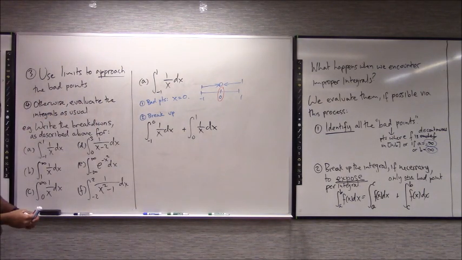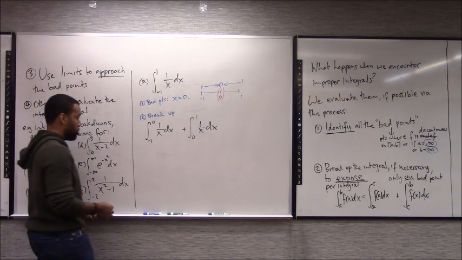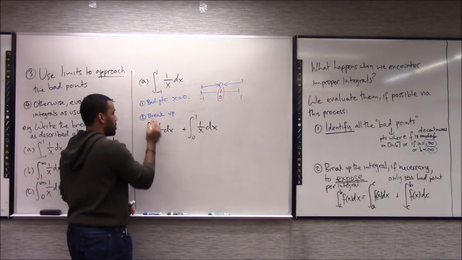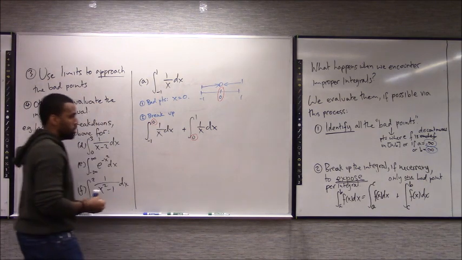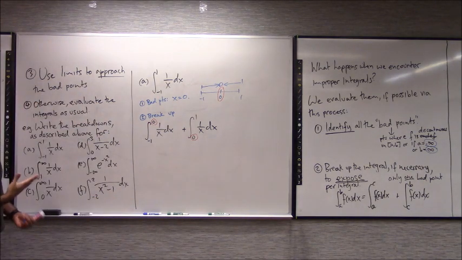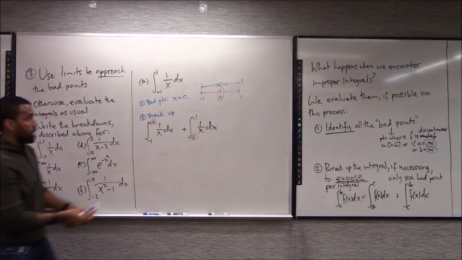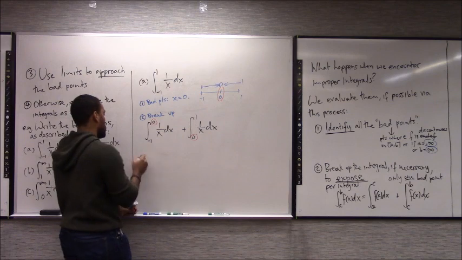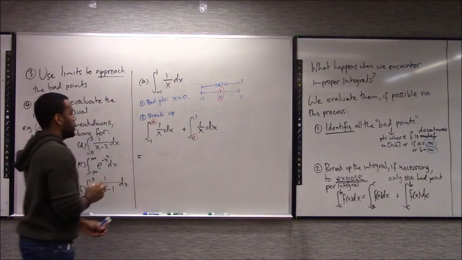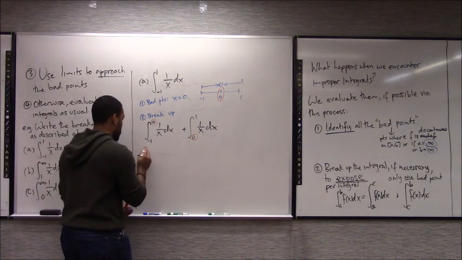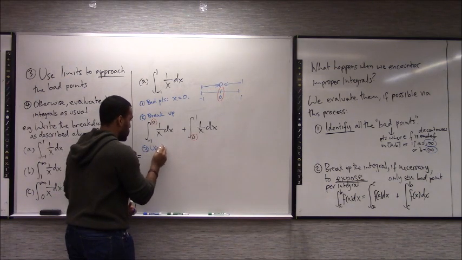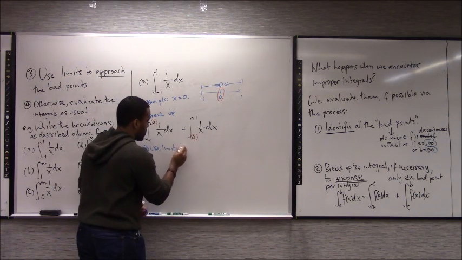Okay, so notice that there is only one bad point per integral, namely 0. He is exposed, and there's no other issues here with 1 over x. Our limits behave otherwise. To apply step 3, use limits to approach.